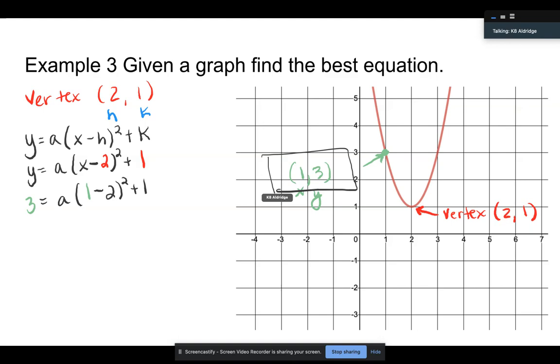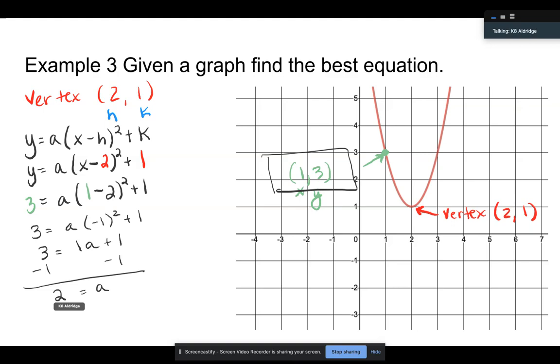Now we're going to solve for a. So we get 3 equals a times -1 squared plus 1. -1 squared is 1. So 1a plus 1. I'm going to solve for a. I get a equals 2. So our equation is y equals 2 times the quantity, x minus 2 squared plus 1.